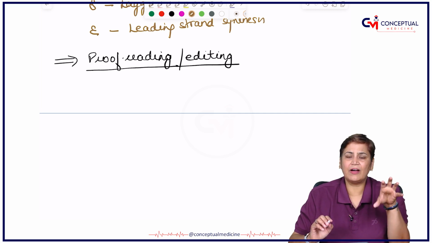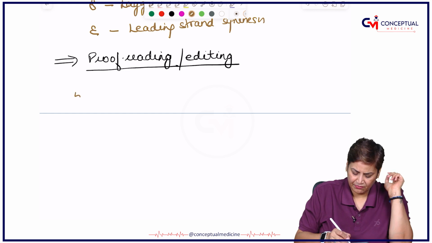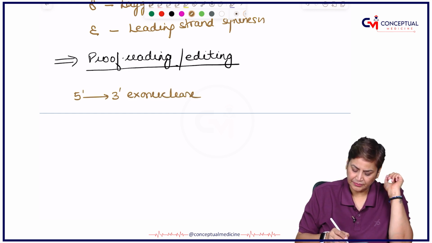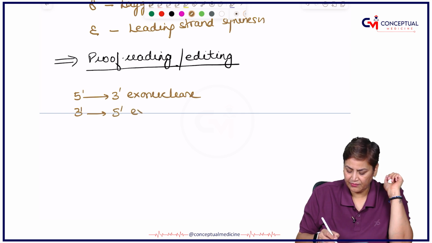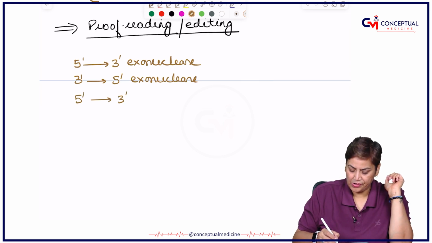Wherever it finds a mismatched base pair, it will fix it and try to remove that. So different types of activities are there: 5' to 3' exonuclease activity, 3' to 5' exonuclease activity, and 5' to 3' polymerase activity.